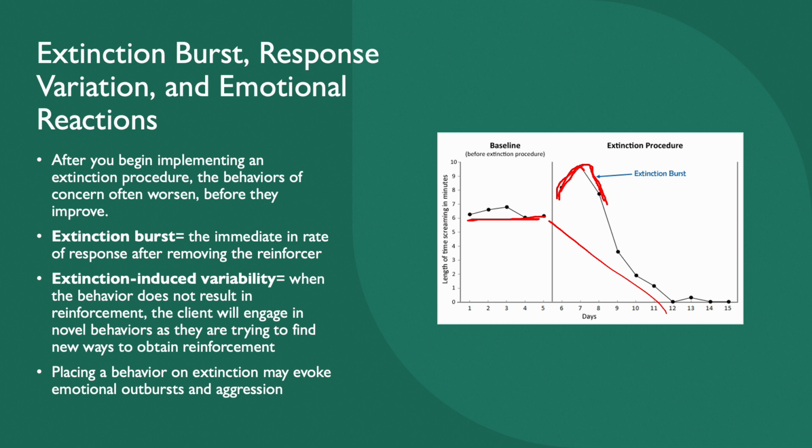Okay, so I want to go back to the slide. I want to make sure that you know that placing a behavior on extinction may also evoke emotional outbursts and aggression. And you have to consider whether that's something that is manageable for the interventionist, for the family, for the caregivers, whether it's safe for the client, etc. In the example of the vending machine, an example of aggression would be aggressing towards the vending machine.